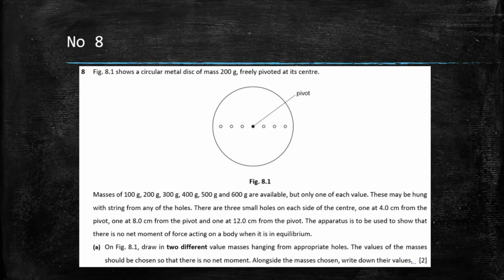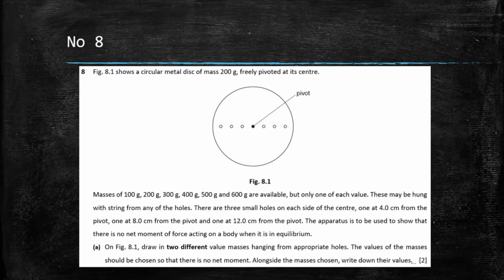As an example, I choose 300 gram and 200 gram masses. The problem now is where to put these masses. After you determine which masses you want to use, find the LCM or the lowest common multiple of your masses.